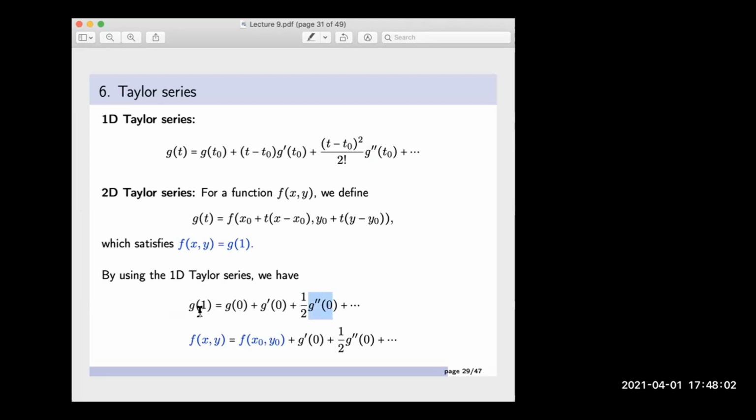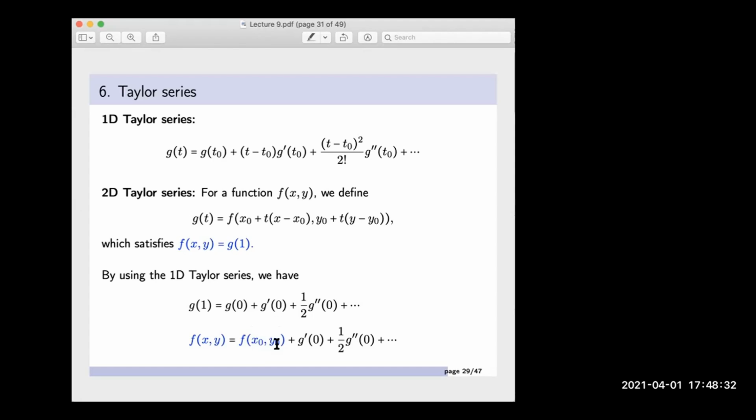And here, g of 1 is simply f of xy. On the left side, you get f of xy. On the right side, the first term, g of 0, is simply f of x0, y0. You set t to be 0, you get f of x0 and y0. The first term on the right side is the function value at a given point, x0, y0.